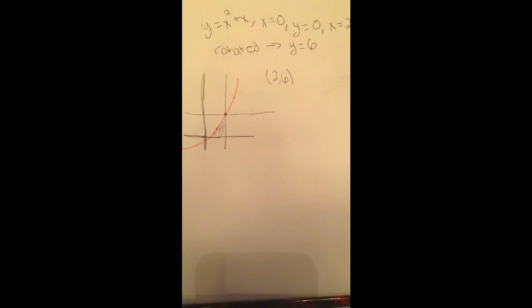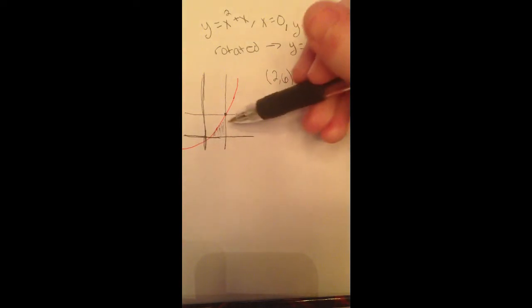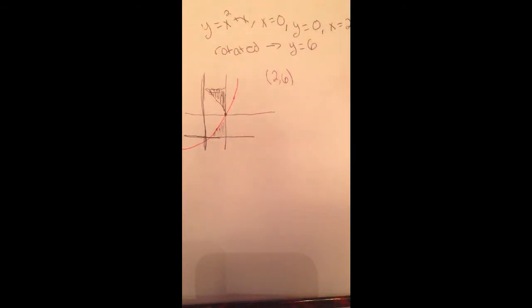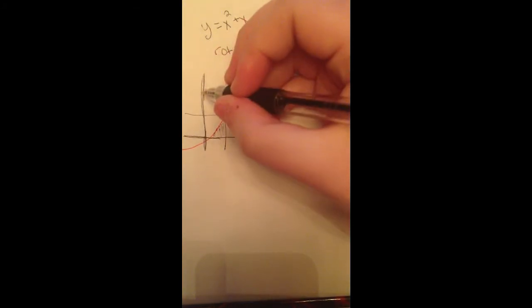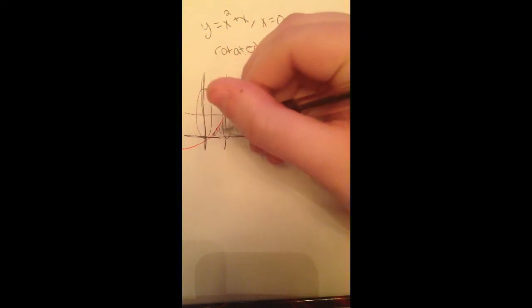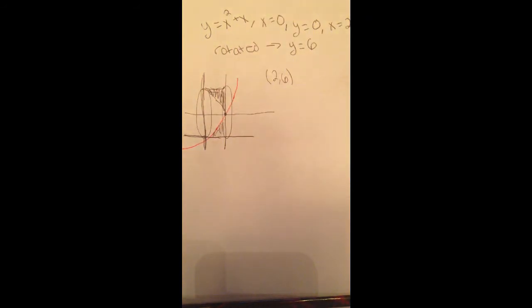Okay, so if this portion is rotated about this line, it's going to look something like this. Okay, and so we can see that when we make this a solid, it's going to be another cylinder-like shape, but there's going to be a hole in the middle of it. So our job right now is going to be to find the volume of this portion, not including this big hollow center in it.